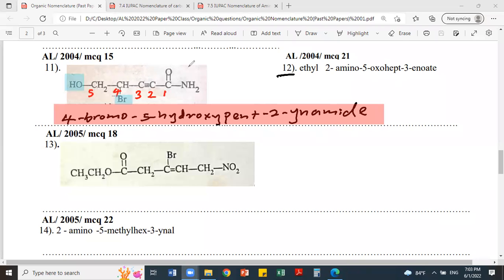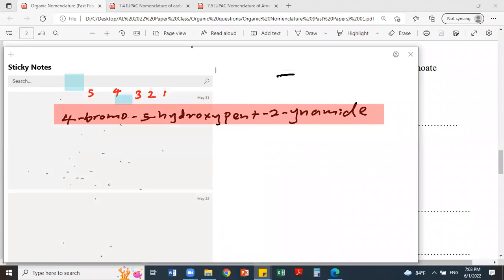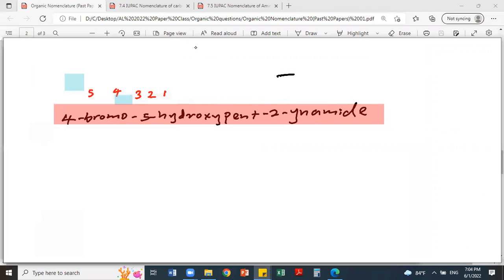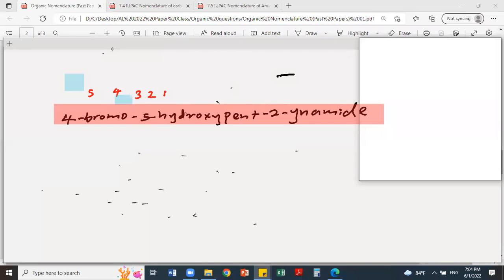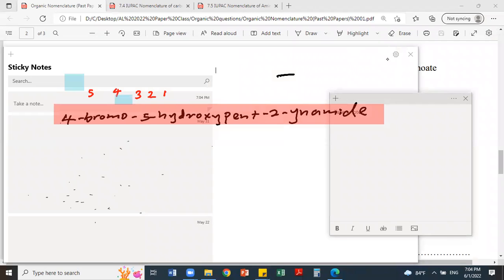How to draw it? I can give permission to annotate on my screen. Enable annotation, so you can annotate on my screen and write the name of it. You can use the white background if you want. I don't know whether it's possible with your mouse, but you can make an effort. Or else you can write CH3, CH2 like that.